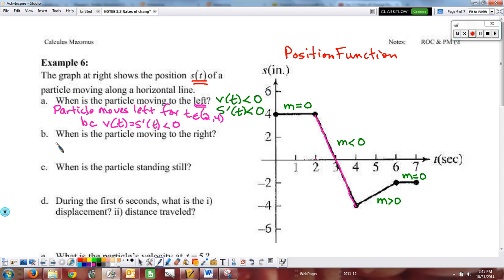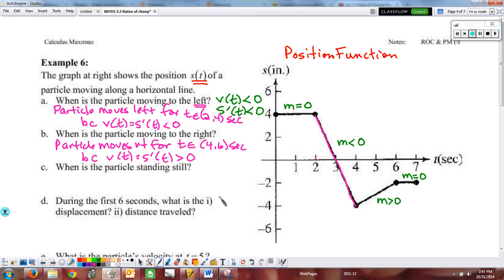And then likewise, the particle moves right for t on the interval 4 to 6, and again our justification would be because v of t, which happens to be s prime of t, is greater than 0. We might want to include units here, so I'll add seconds after that, so we know we're talking about time from 4 to 6 seconds.